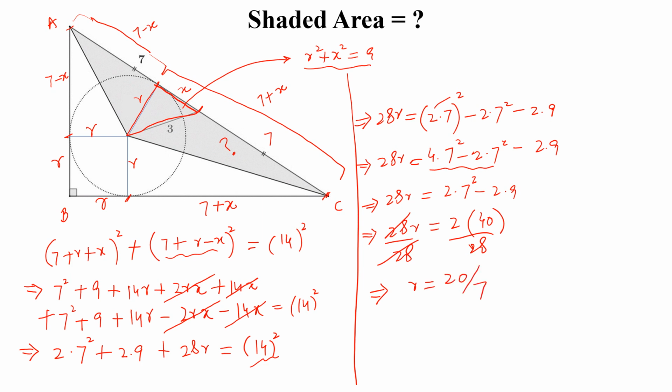Now the shaded area, let us denote it by S, will be equal to half of the height, and the height is 20 by 7, into the base, and the base is 14. If we simplify this, it is equal to 20 unit square, and this is the required answer.